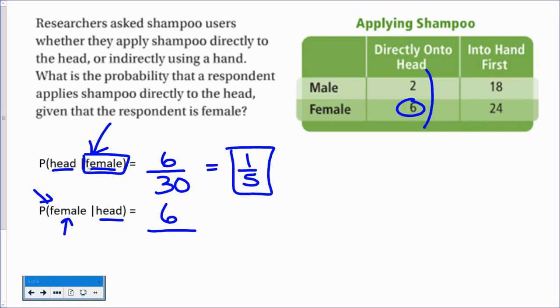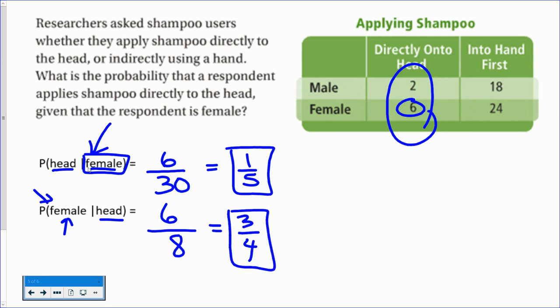So 6 of the total would be 8. So of everybody who dumps on their head, how many would be female? 6 of those 8. Okay, and then I can divide each by 2. So 3/4 or 75% or 0.75 as a decimal, depending on how it asks you to write it.